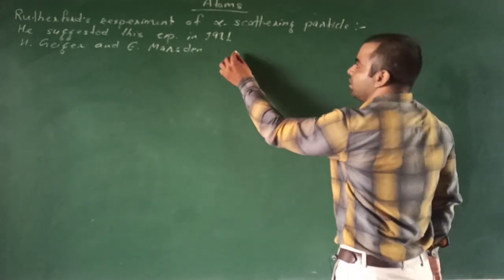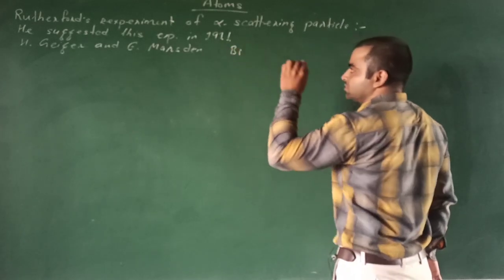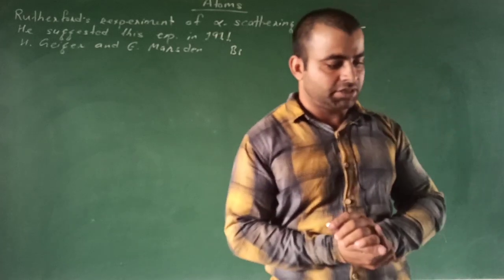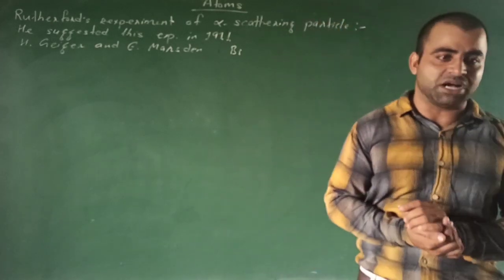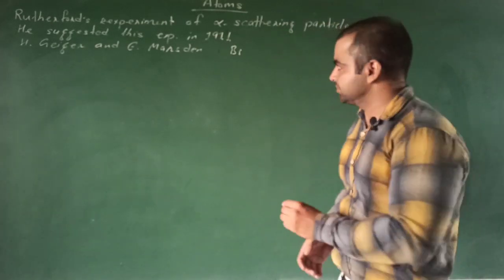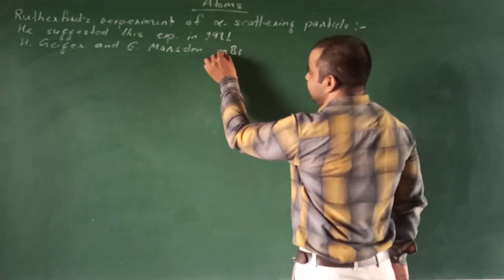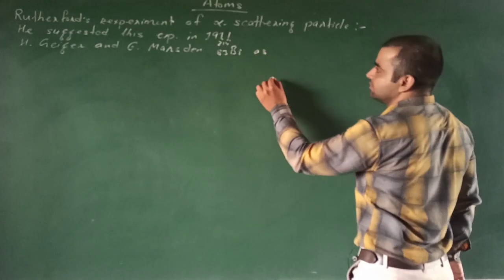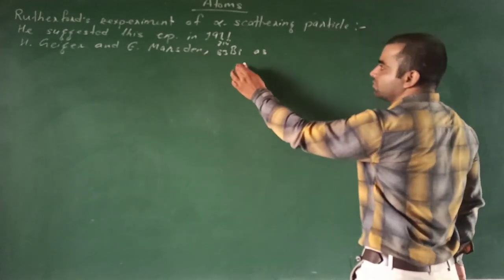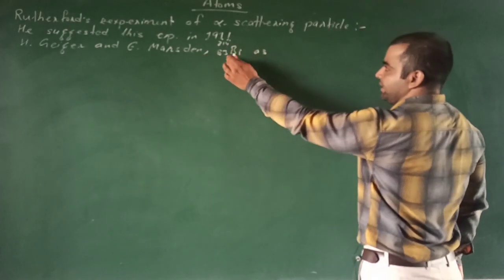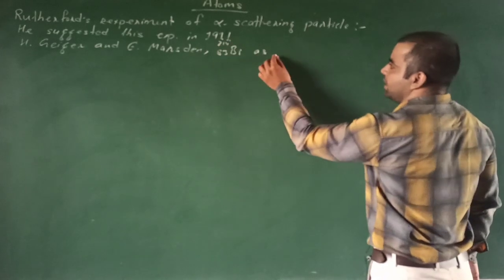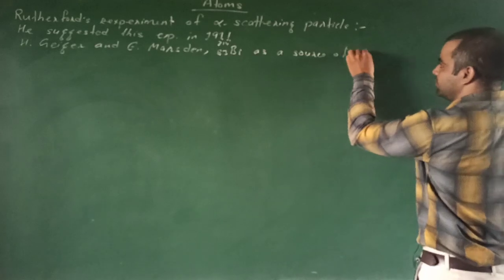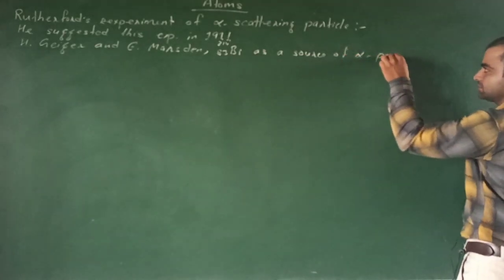The source was bismuth, which has atomic number 83 and atomic mass 214. They took bismuth 83-214 as the source of alpha particles.